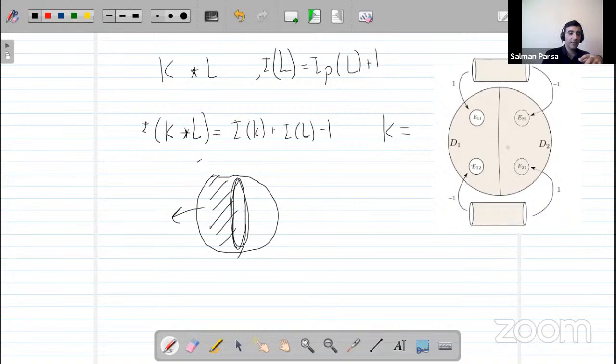But this complex doesn't have that property. This complex doesn't allow you to write the boundary of the certificate as 2 times something, but it's not S times something.